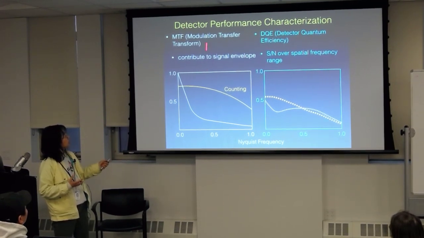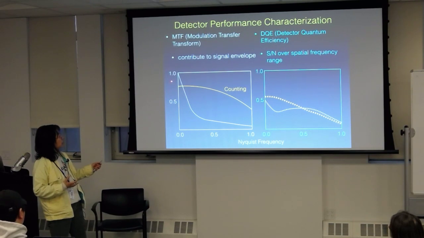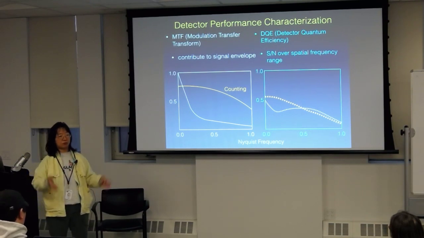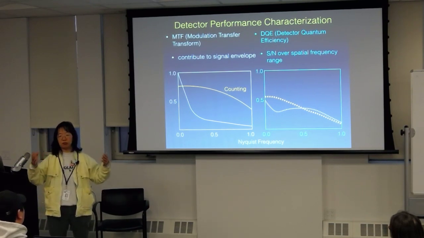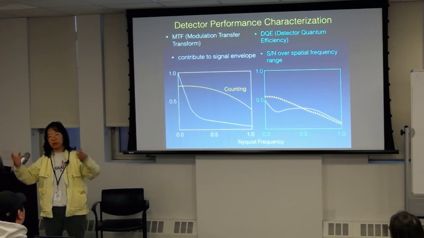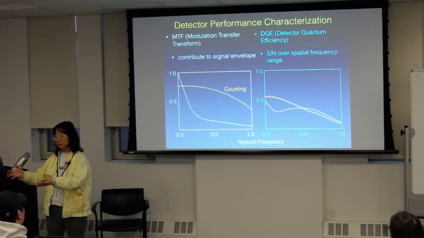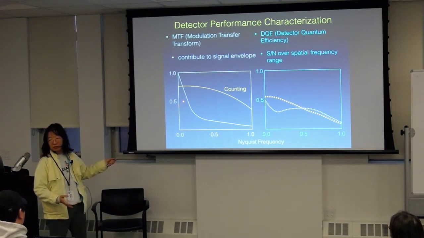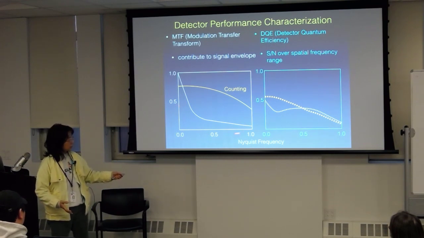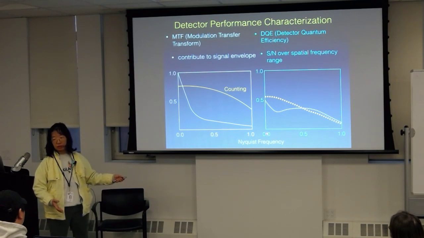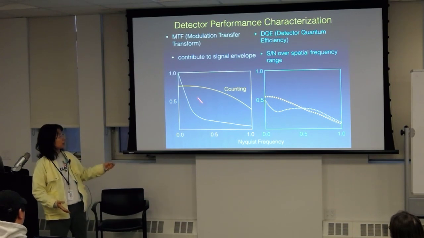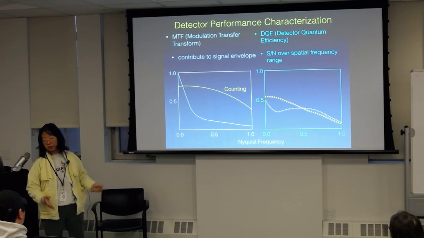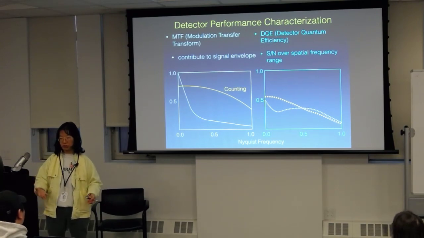Modulation transfer function just means that you have a signal coming in, how much comes out? If I have one signal coming in, do I get one out? If we get 0.5 out, then it's 0.5 on this scale. And this is plotted in frequency space. So at higher frequency, the cameras that we have tend to have less of the signal being transferred over.